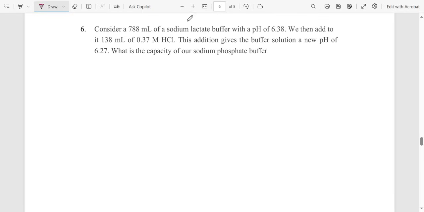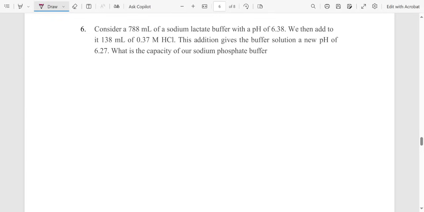So initially we have got a buffer, sodium lactate. So this one was just a mistake here. Initially our sodium lactate buffer is at a pH of 6.38. When we add the acid, this should even direct you to what you are going to be finding. Because when you start adding acid to a buffer, the pH is going to drop because we are adding acid.